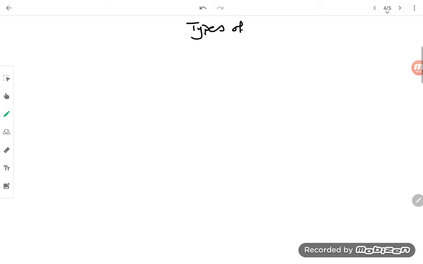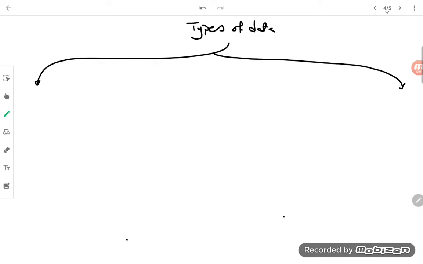But what are the different types of data that can be collected? There are three main types of data.